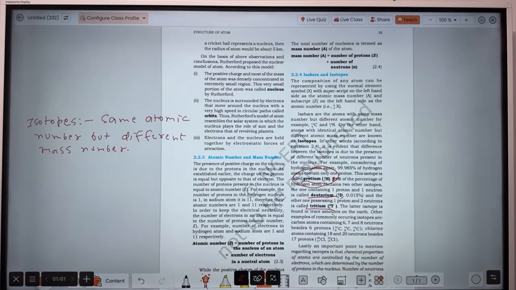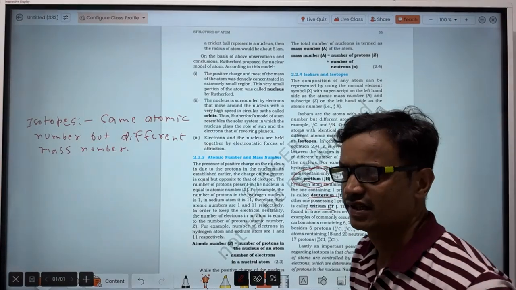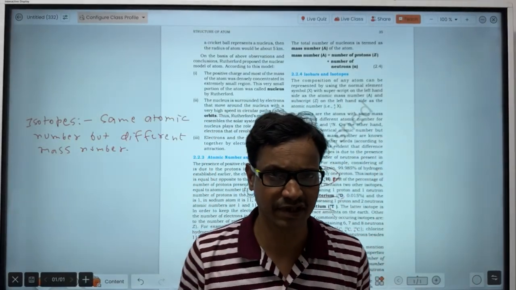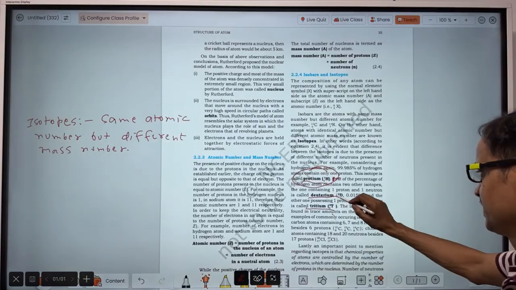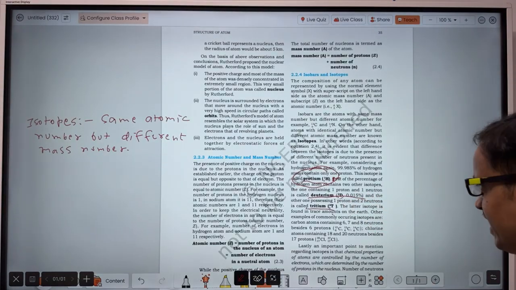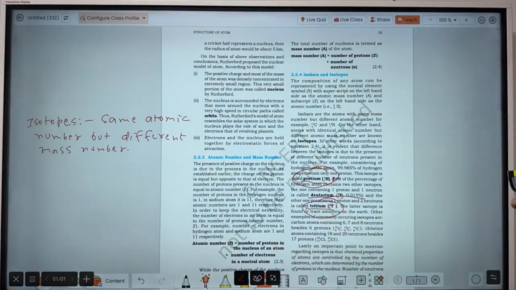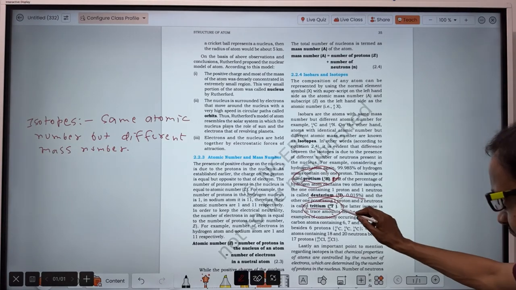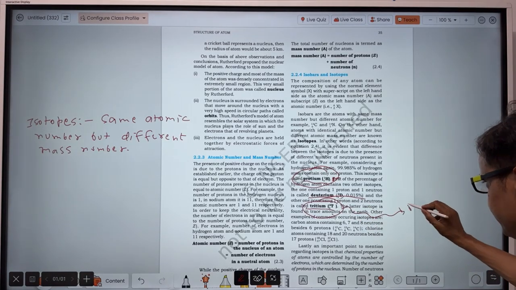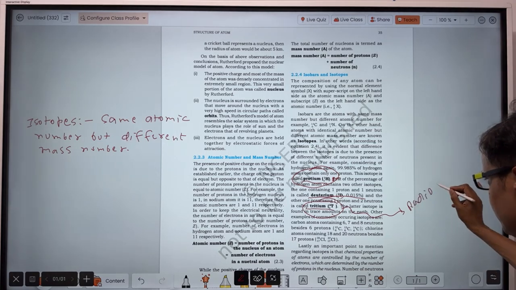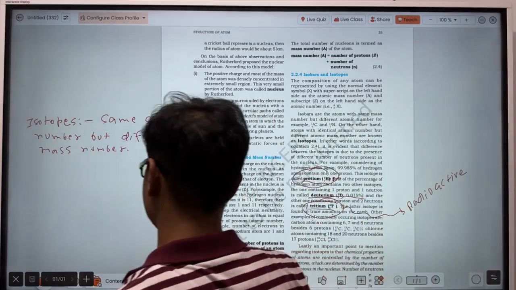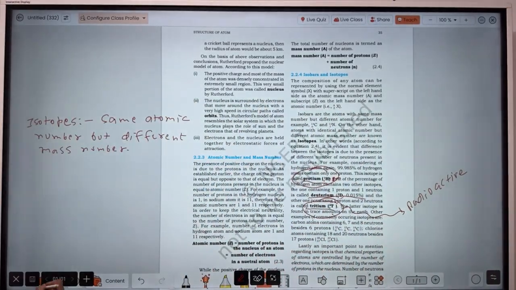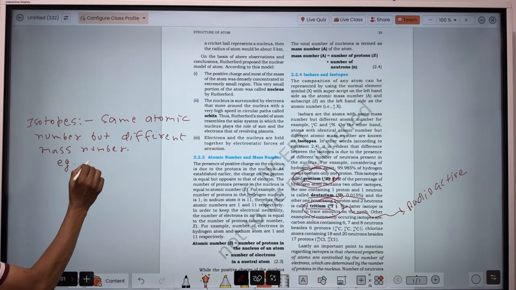So the hydrogen which we represent is actually protium. Deuterium, its abundance is 0.015%, and tritium is about 1 in 10,000, and tritium is radioactive. So protium, deuterium and tritium are examples of isotopes.